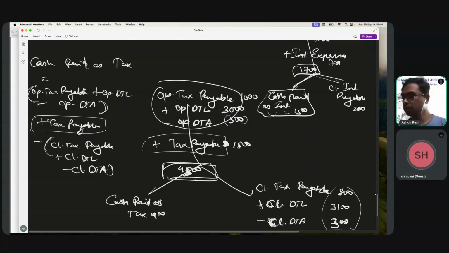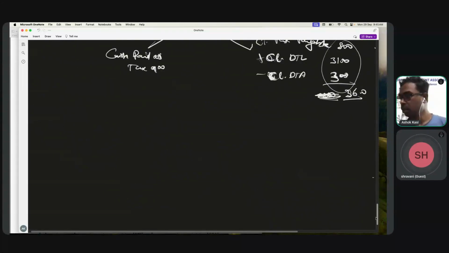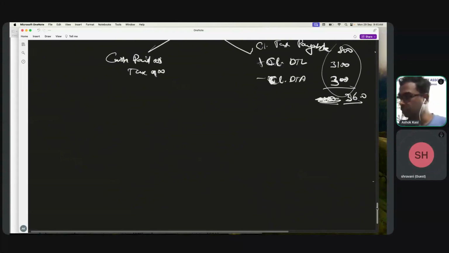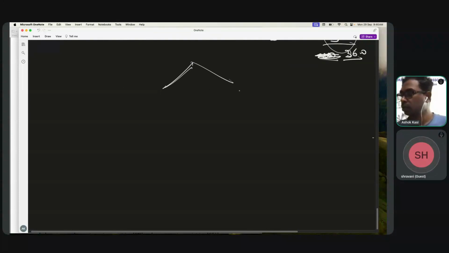Okay, now what is this deferred tax asset, deferred tax liability? There is a separate reading for this one, but still you might get some doubts, so I'll explain it now. Deferred tax assets and deferred tax liability. Deferred tax assets means what? Imagine, there are two types of reporting.